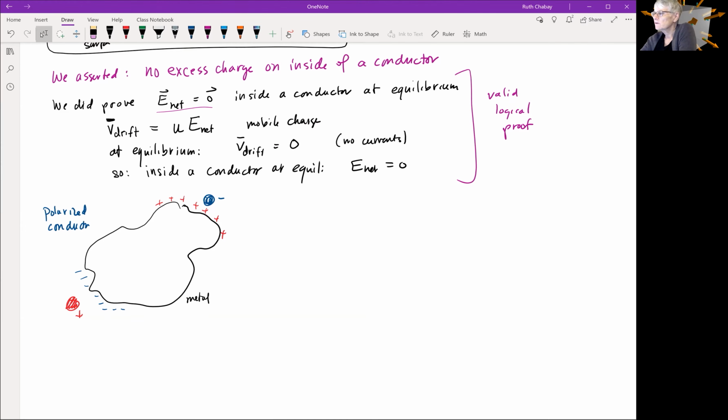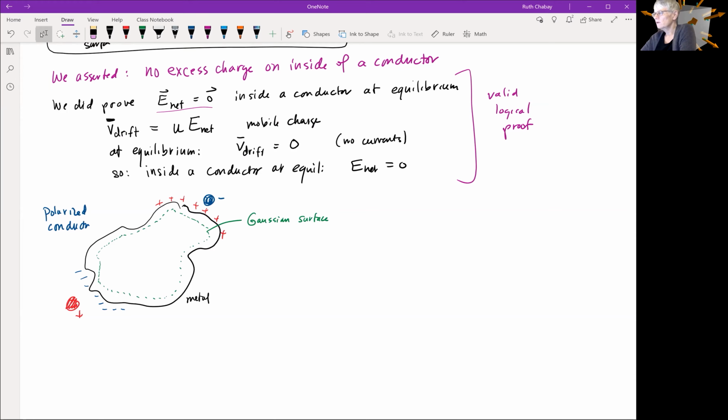So what we're going to do here is construct a Gaussian surface that's inside the conductor, and it's a 3D surface. Again, it's some sort of blob-shaped 3D thing, and I'm simply drawing the outline here. So this is our Gaussian surface.